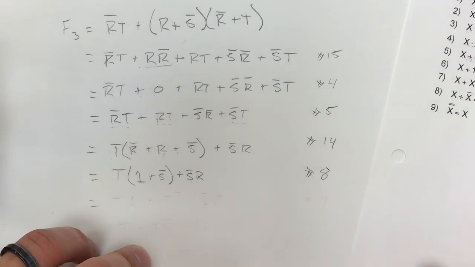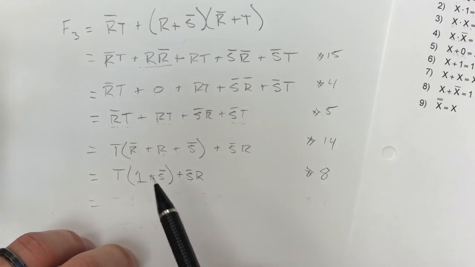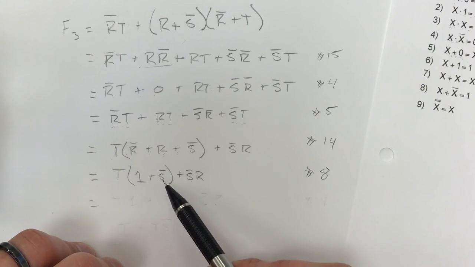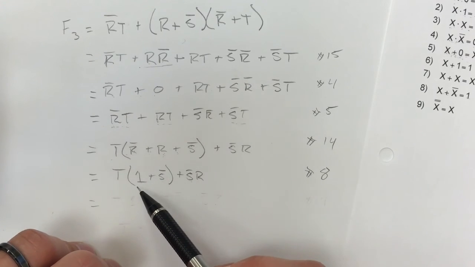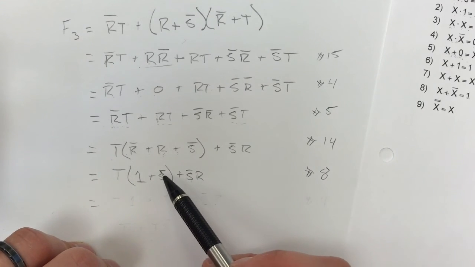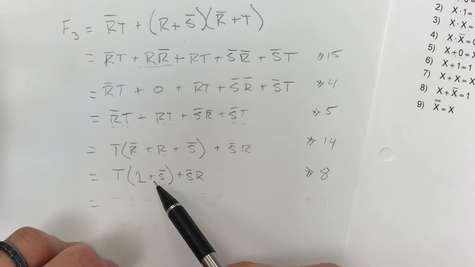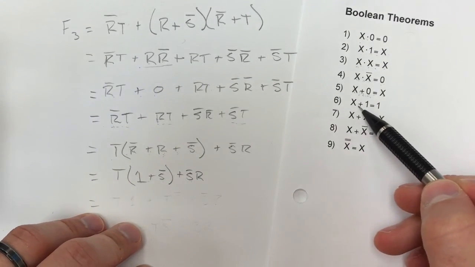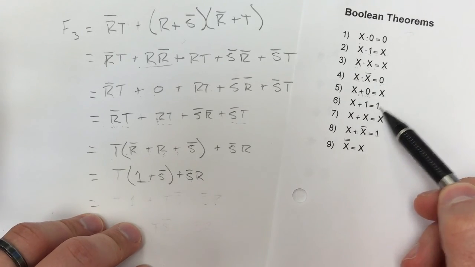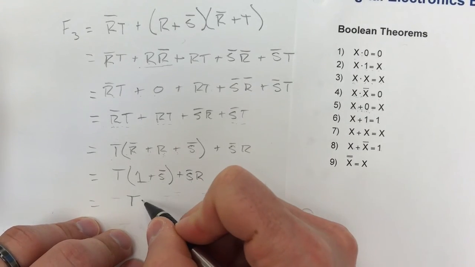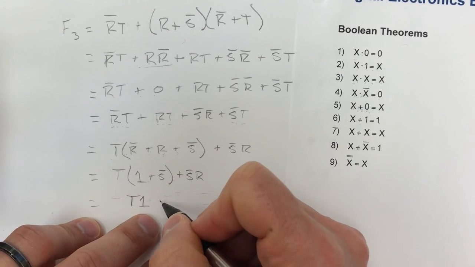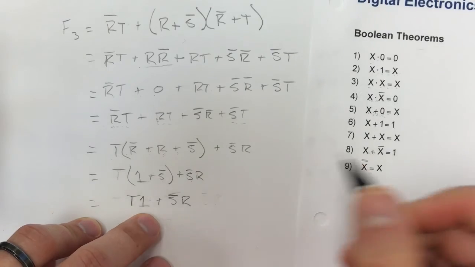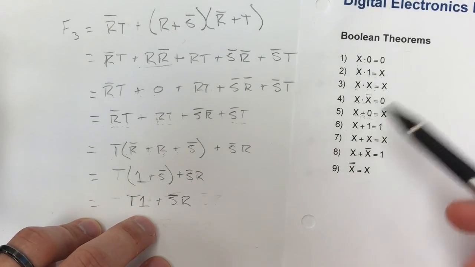Let's look at what's in the quantity still. We can still simplify it. We have 1 plus an input, 1 plus S naught. 1 plus an input is theorem number 6, and that's just 1. So we can say T and 1 or S naught R, and we use theorem number 6 for that.